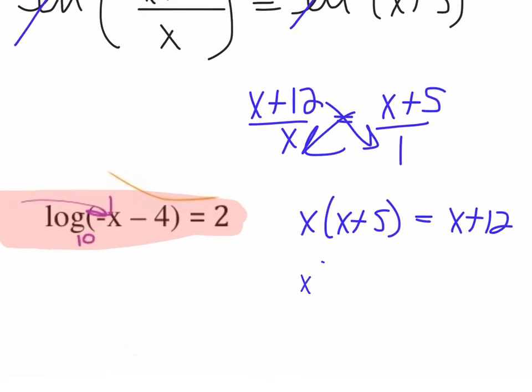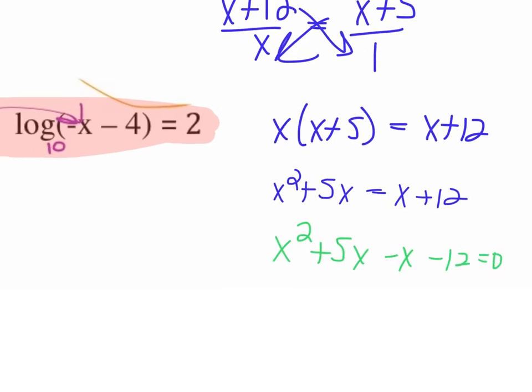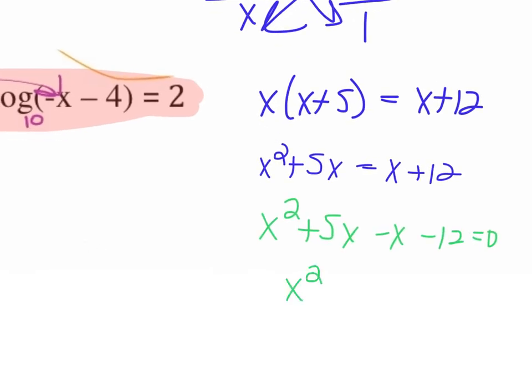So I have x squared plus 5x equals x plus 12. Now what? It's a quadratic. Move everything to the right. So x squared plus 5x minus x minus 12 equals 0. Combine like terms. So x squared plus 4x minus 12 equals 0.